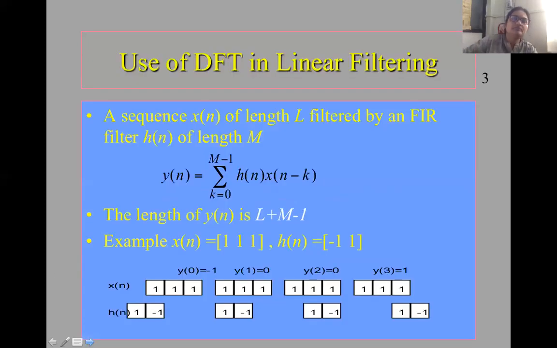Okay, so now we will go through the first point, use of DFT in linear filtering. Write down: use of DFT in linear filtering.